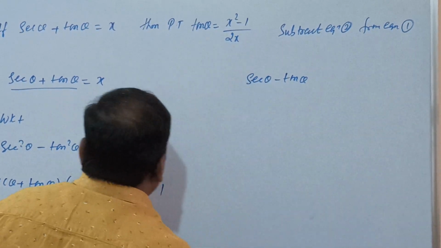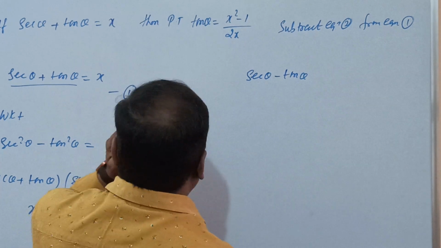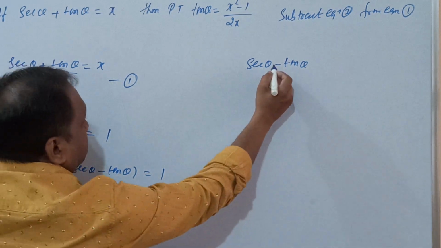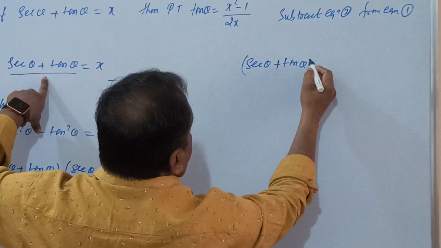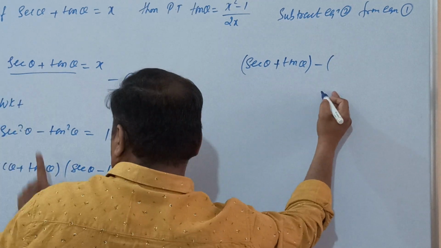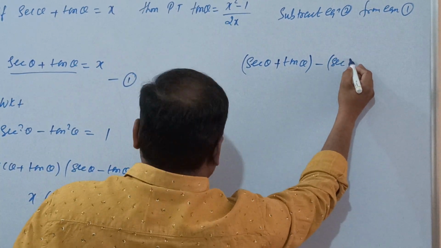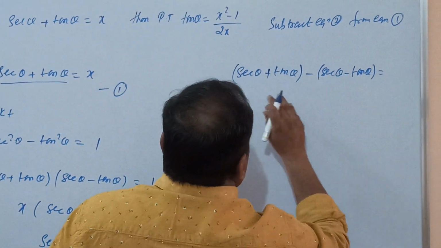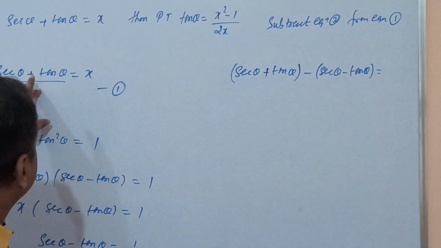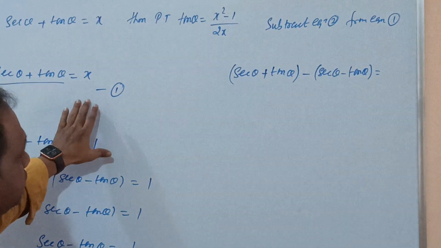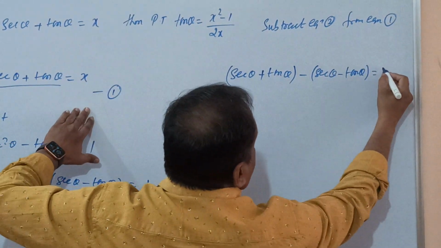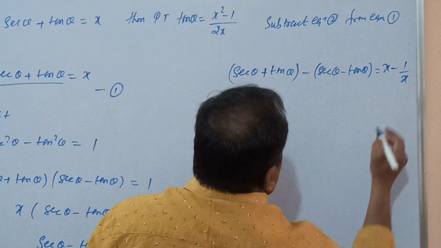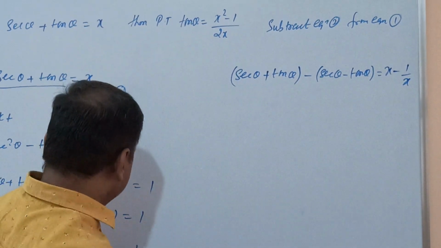LHS we have subtracted the second equation from the first. RHS we have to subtract over here. RHS first equation is x, minus 1 by x we have to write, since the second equation is 1 by x.